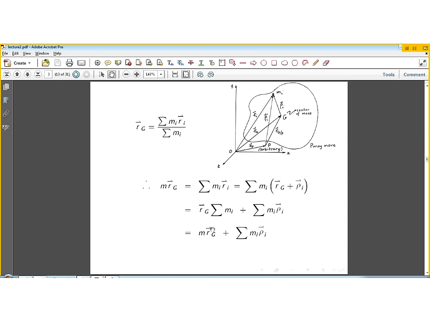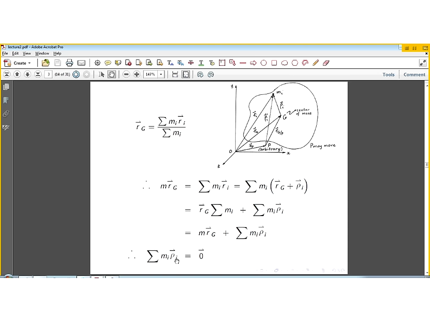Now, if I take this term to the left-hand side of the equation, it will cancel this term, and I then come to the conclusion, which is a very, very important point that I've proven here, which we're going to repeatedly use in this course. I've shown the identity that the sum of the products of the masses of the individual particles with their position vectors relative to the center of mass is equal to a zero vector.